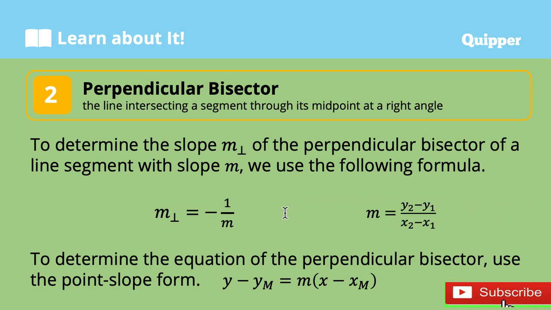Now, to determine the equation of a perpendicular bisector, we are going to use the point slope form, which is y minus the y component of the midpoint is equal to the slope times x minus the x component of the midpoint.